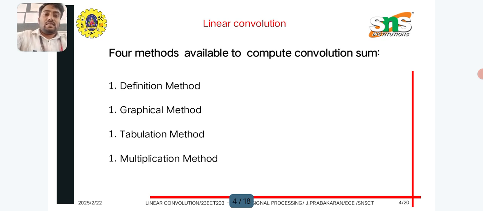Direct method means multiply the input signal x of n with the shifted and flipped impulse response h of n, and sum the overlapping values at each step.